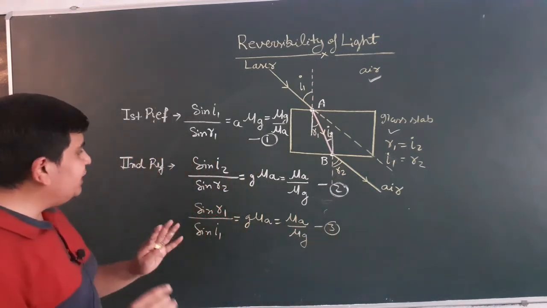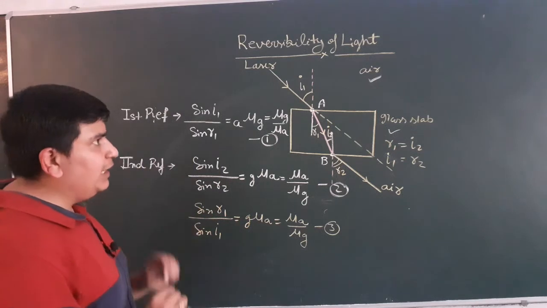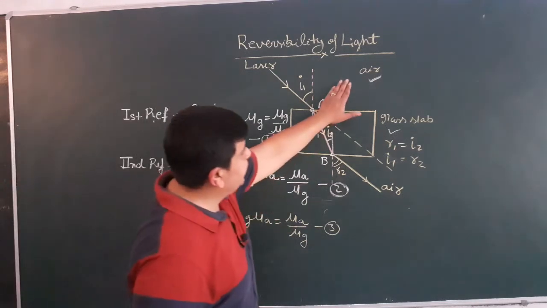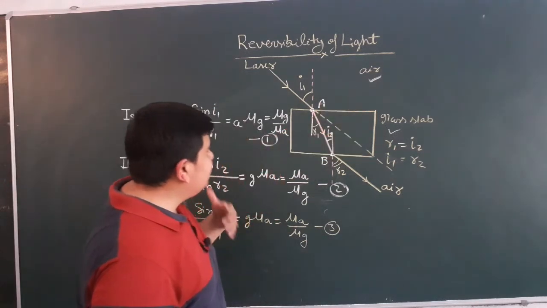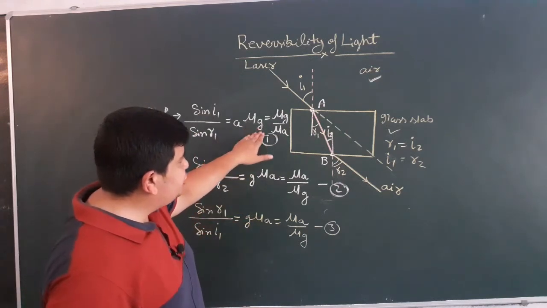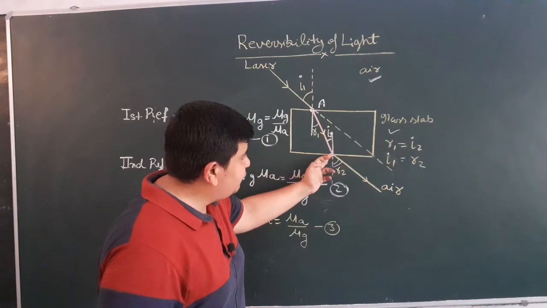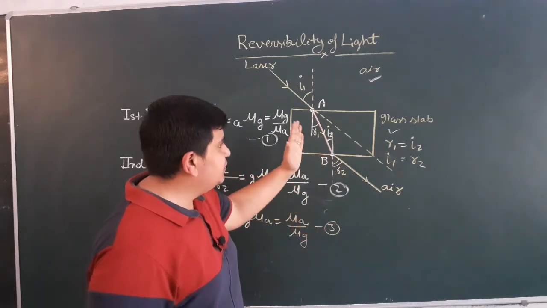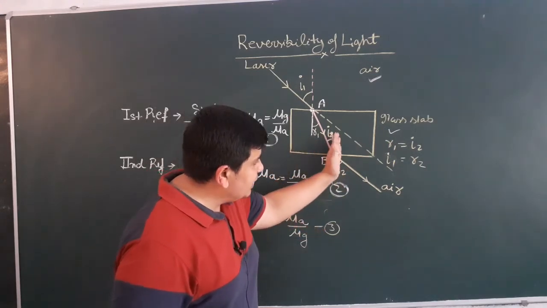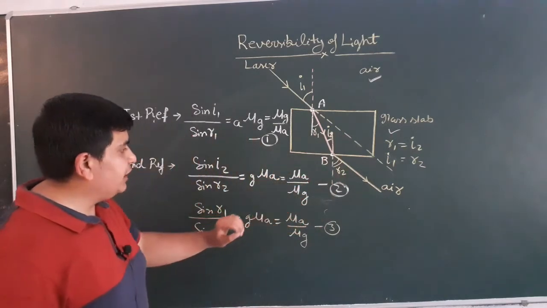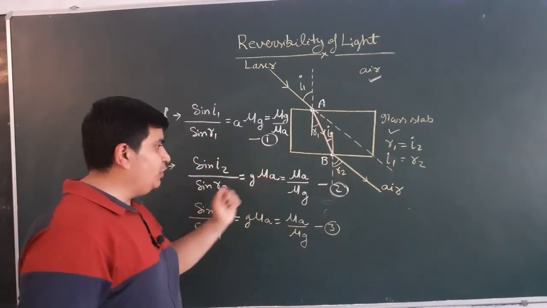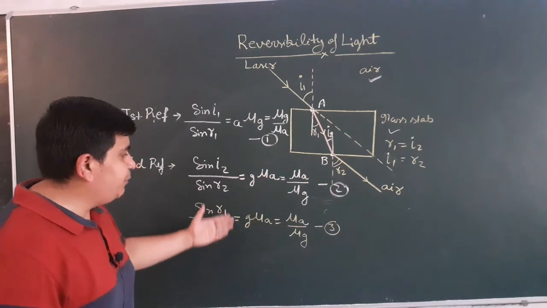So now it is quite clear that when light comes from air to glass, the refractive index is mu G with respect to A, and when light suffers the second refraction, when it comes from glass to air, the refractive index is air with respect to glass, which means they are reciprocal to each other.